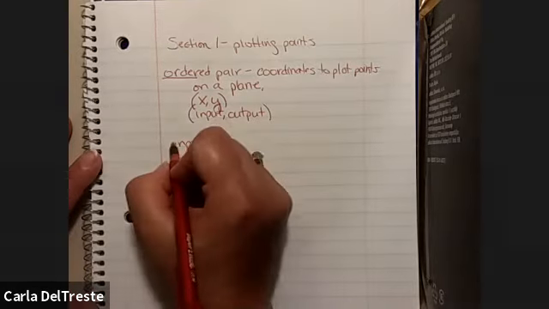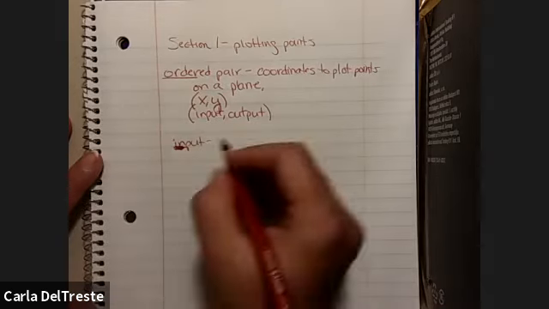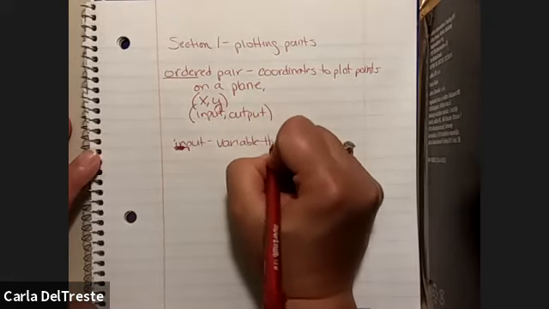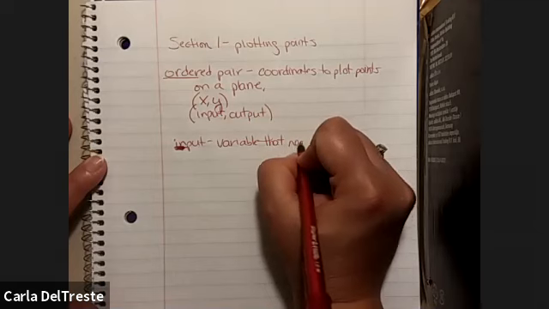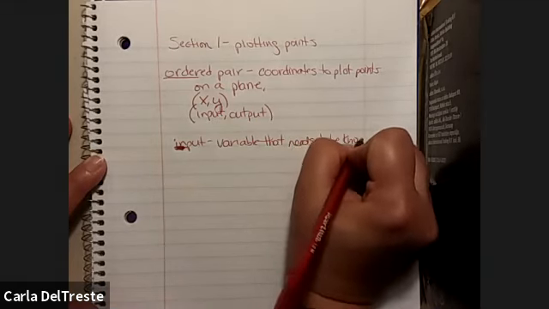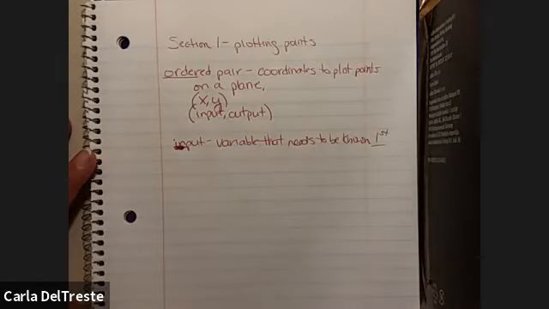So input, zero in on the in, okay? These all give you little hints. Input is the variable that needs to be known first, okay?